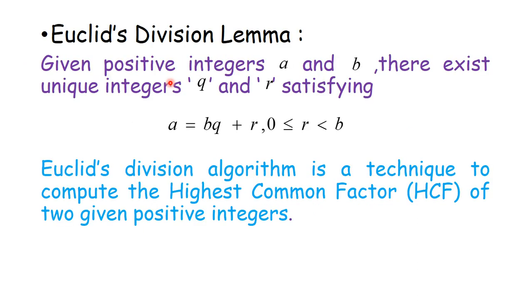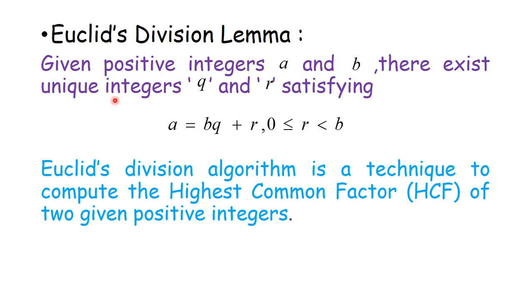Now Euclid's division lemma gives me one important property of the positive integers. And what is that property? Given positive integers a and b, there exist unique integers q and r, of course q is quotient, r is remainder, satisfying the condition a is equal to bq plus r, where the value of remainder is always less than b, but it may be equal to 0 or greater than 0.